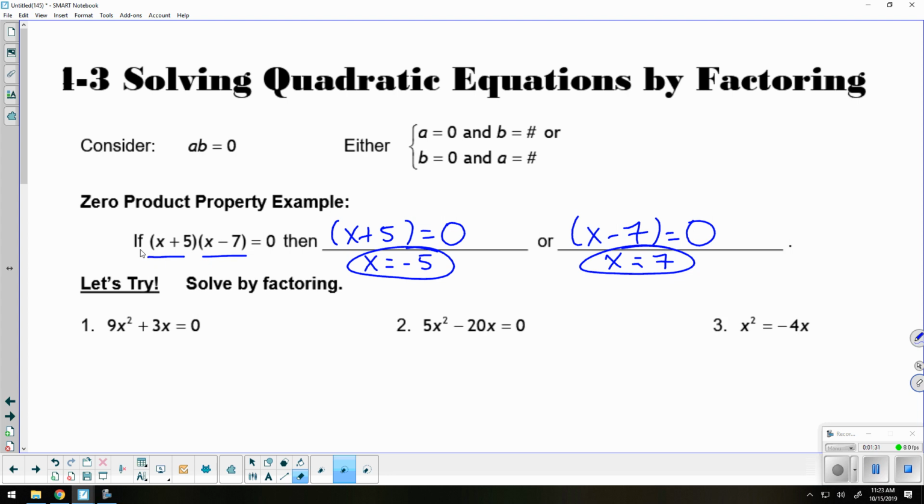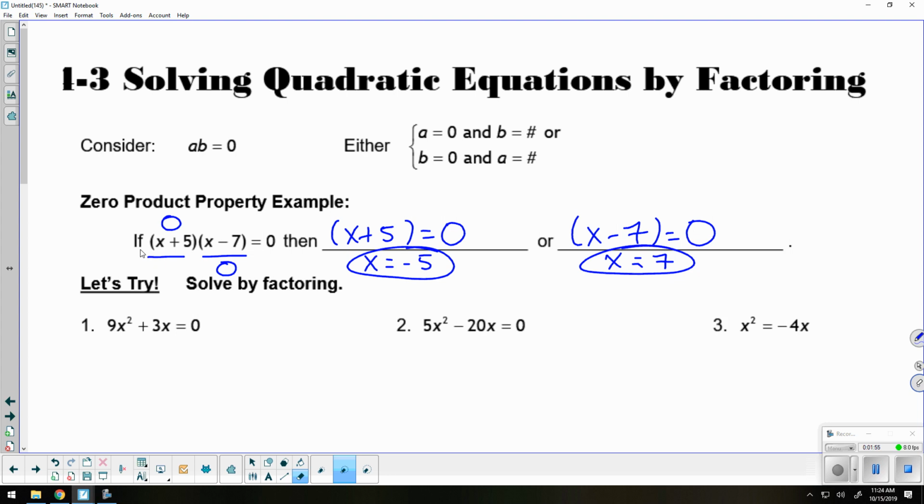If you plug those values back into the original problem, if I plug in negative 5, that would give me 0 over here. If I plug in positive 7 for x, that would give me 0 over here. It's called the zero product property. That's how you complete it after you factor.